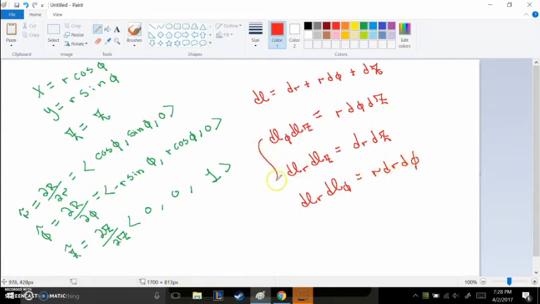So these are our area elements. This is our line element. These are our transformations, where we took the partial derivatives in order to get the transformations. And these are just our explicit statements of what x, y, and z are in the cylindrical coordinate system.